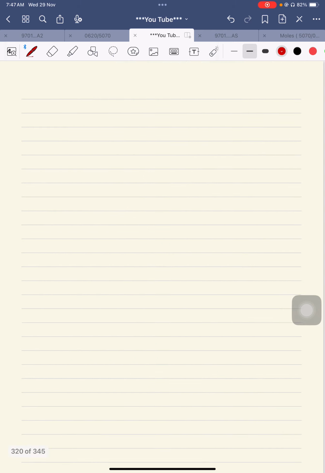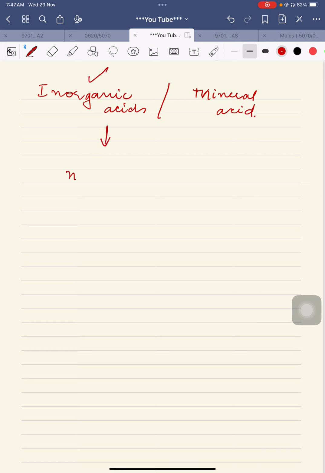Inorganic acids are also called mineral acids, but the word mineral acid is not that acceptable, so it is better to write inorganic acid. They do not have C double bond OOH in them, that is, they don't have a carboxylic group as a part of their structure.